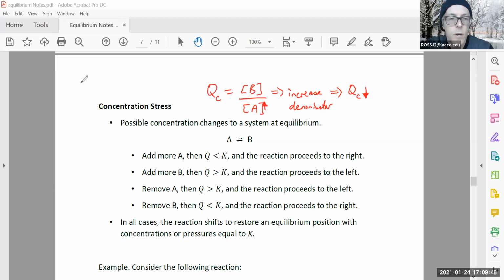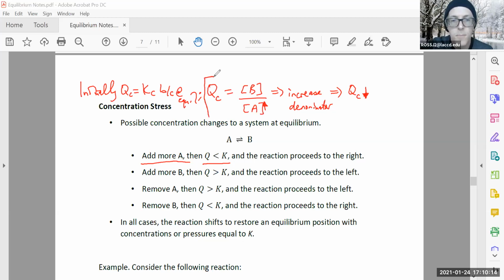Initially Q_C equals K_C because it's at equilibrium. So when we say adding more A causes Q to become less than K, it's because Q is now decreased below the K value. This is the type of argument that you would scribble on a piece of paper to understand these bullet points.